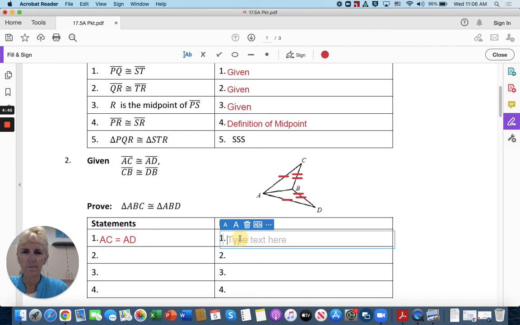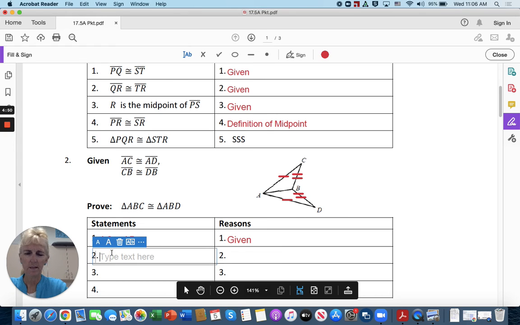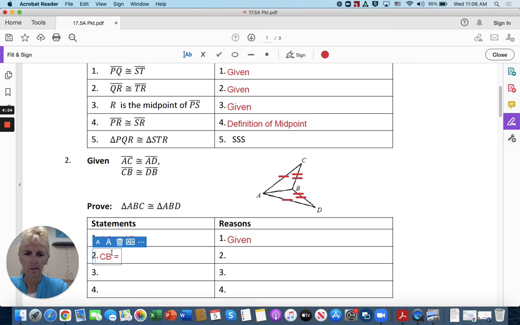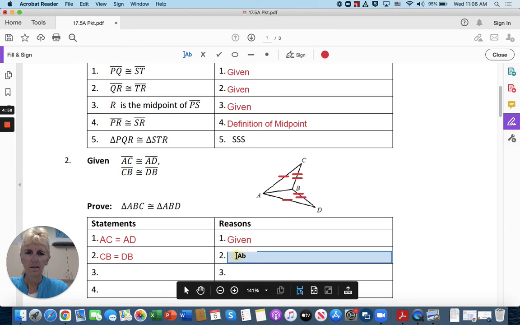And what's the reason? Given. The next one, CB is congruent to DB, and that also is given.